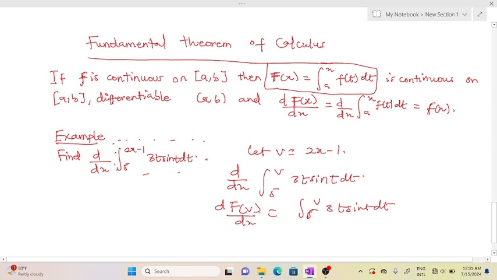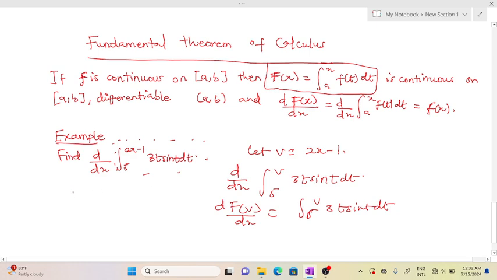Okay, right. So now I'm having the integral of this expression. But see something, this v that we made the subject: the question is asking us to find the derivative with respect to x, not v, right? So we realize that we have to apply the chain rule here.